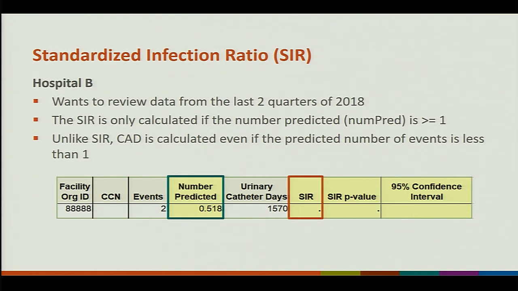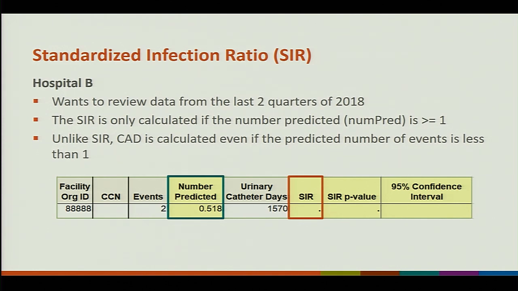However, Hospital B, Patel Community Health, wants to still be able to review their data. They still want to be able to do something with the data that they have. So the SIR is only calculated when the number predicted is greater than 1, but within TAP reports, the CAD is calculated even if the number predicted is less than 1.